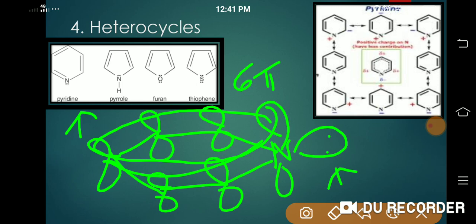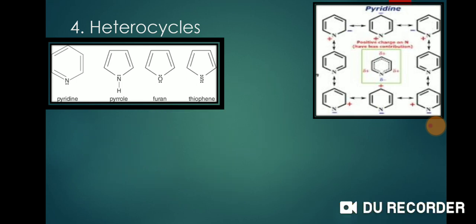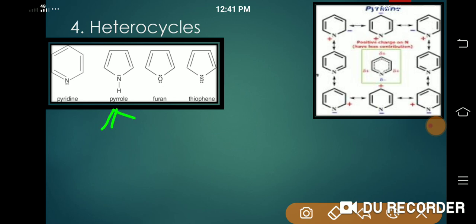Now, if we compare pyridine with pyrrole, in case of pyrrole, the lone pair of this nitrogen is not available on the nitrogen. It is involved in the delocalization, as in cyclopentadiene, where one carbon atom is replaced by an NH unit, in which nitrogen having a lone pair of electrons is sp3 hybridized.